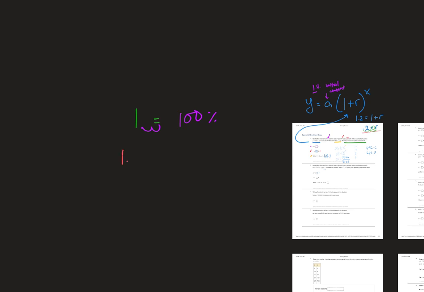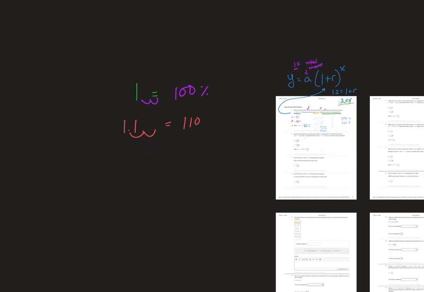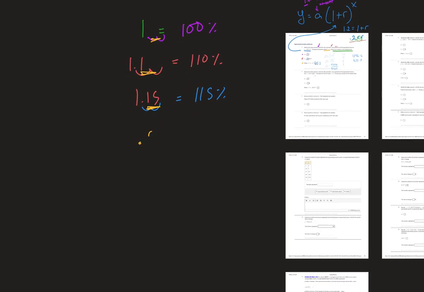And if you did 1.1, you move that 2 places, that's 110%. If I did 1.15, move the decimal 2 places, that's 115%. And really the focus is the part after the 1. So maybe I should do it like this. If I did 0.25, that's really 25%.